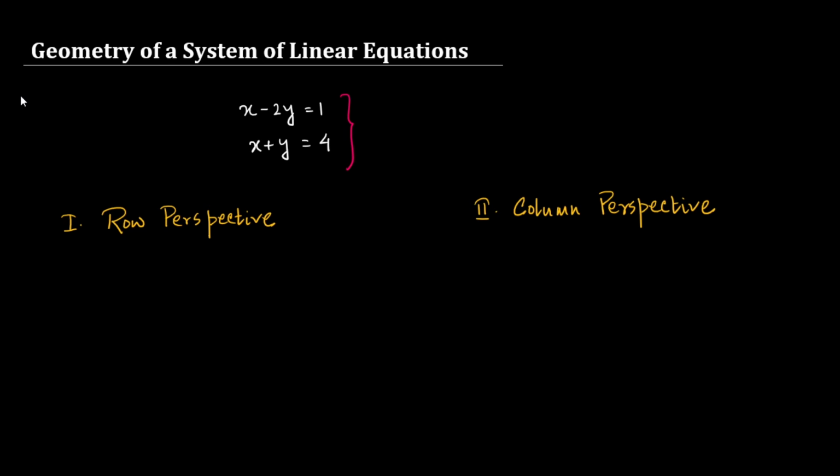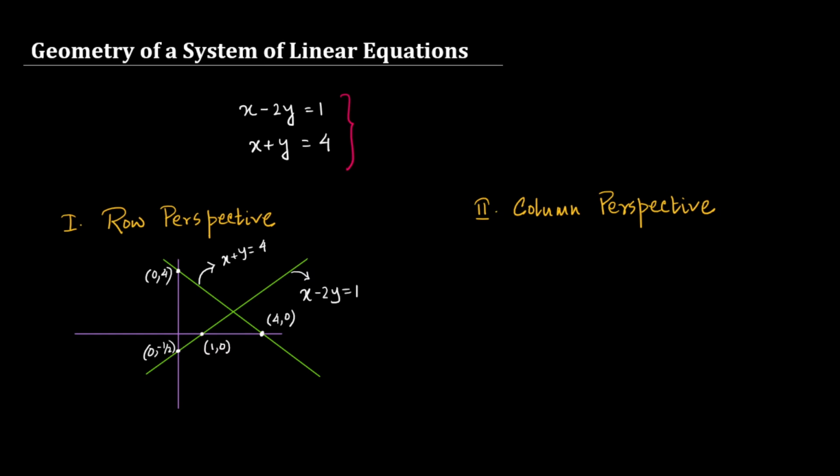Both the equations can be represented by straight lines in the xy plane as given by this, and the solution to this system lies at the point of intersection, this pink point. And you can understand that this pink point is the only solution to this system of linear equations.